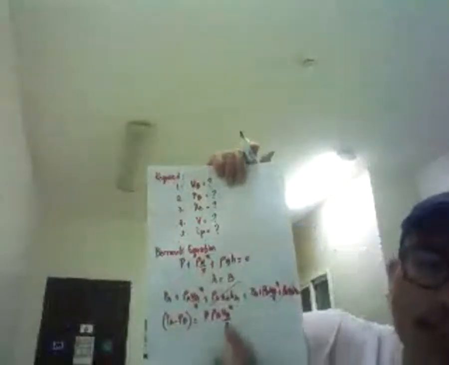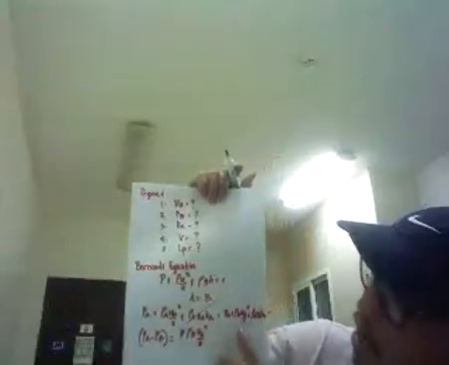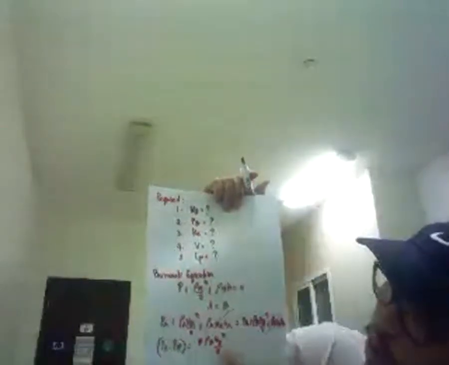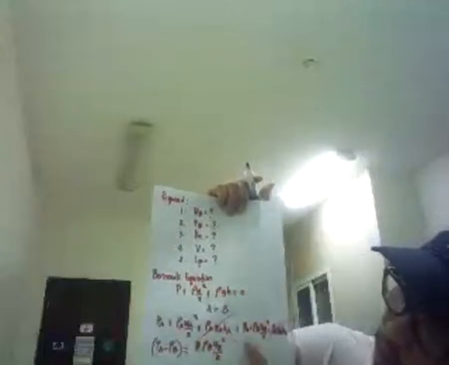Then, density B, velocity B raised to the power 2 over 2. Then, this one will be transposed here, negative already. So, negative density A, UA raised to the power 2 divided by 2. Okay. So, this is our first equation.